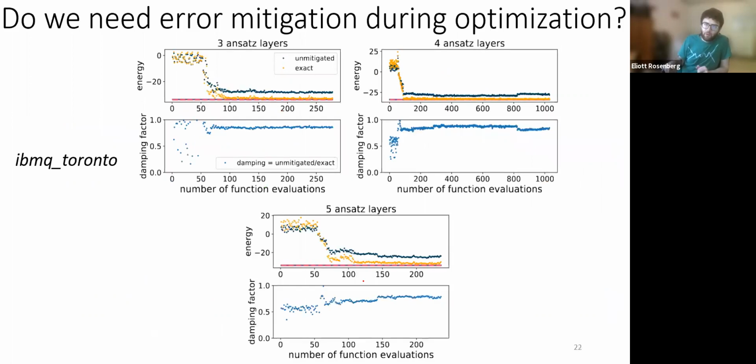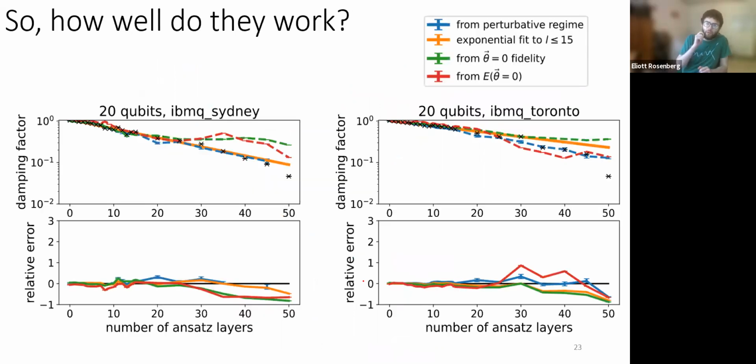But for now, let's say the thing that we're mostly interested in is doing error mitigation once we have the optimized ansatz, and we just want to correct the expectation value of the observable in the optimized ansatz. The ansatz that we used to make these plots were all tuned classically.